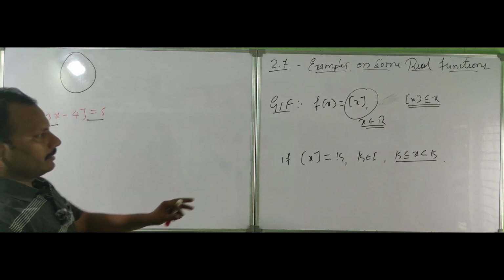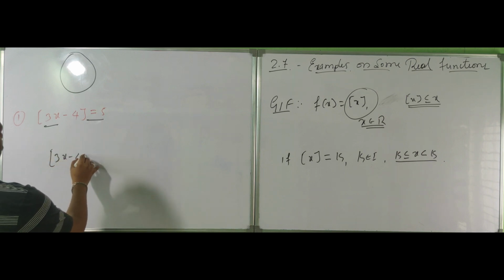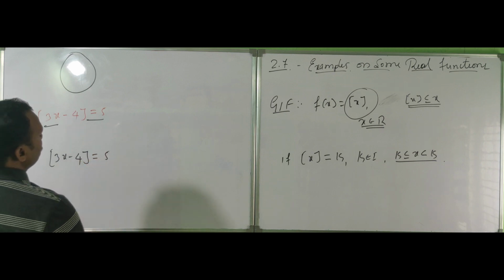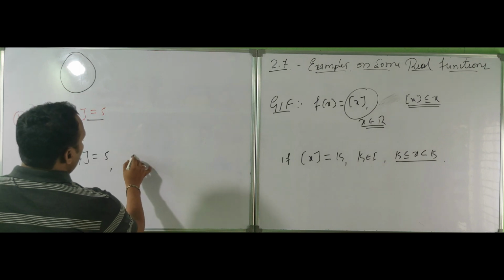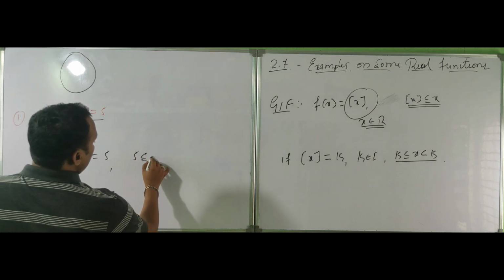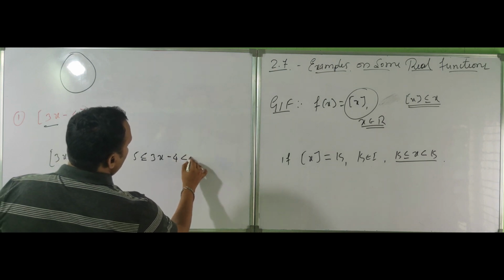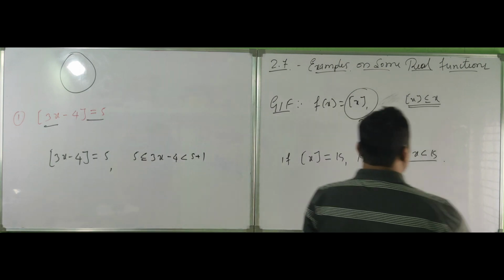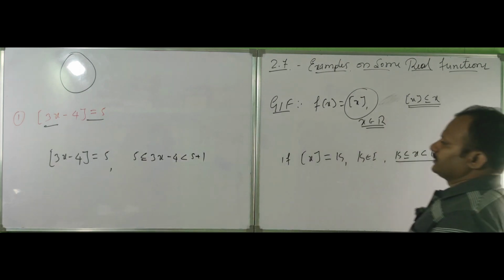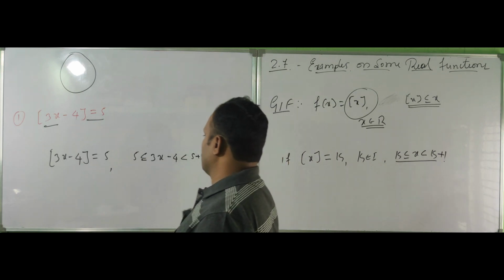Just apply the formula. If [3x - 4] = 5, then automatically 5 is less than or equal to 3x - 4, which is less than 5 + 1. This is the k + 1. Now just start the simplification.